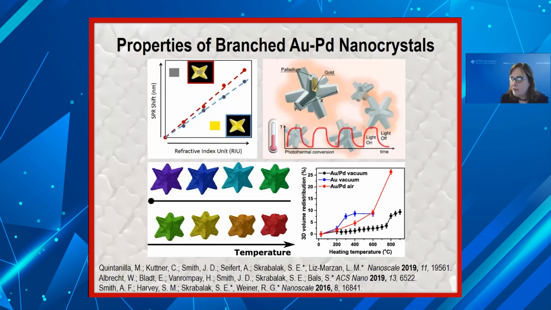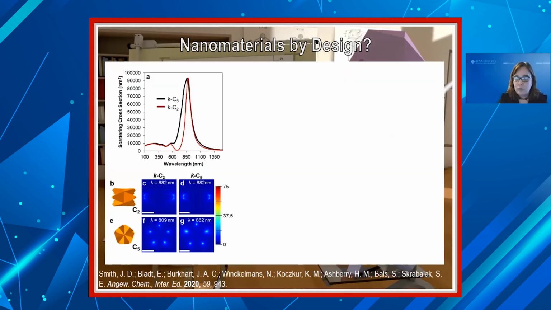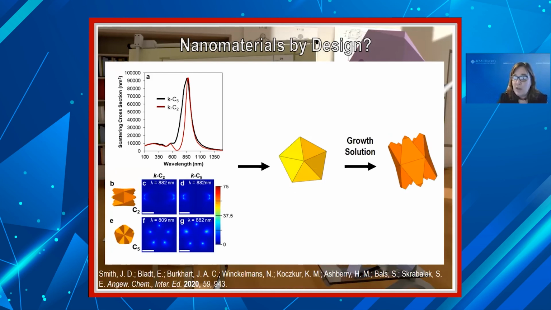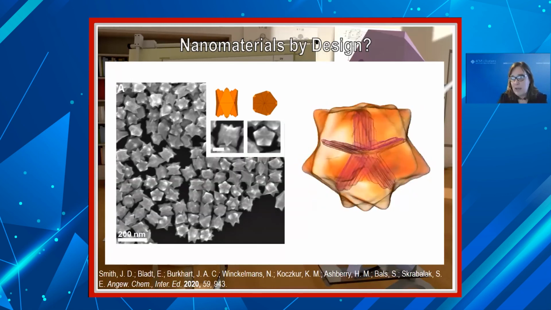So with that, I'll come back to really the big picture, which is this idea of achieving nanomaterials by design. I think with our synthetic tools, we're getting closer to realizing this vision where you could imagine using, for example, some sort of computational tool to predict the optical properties of a nanocrystal, and then selecting seeds of an appropriate shape or symmetry and the appropriate deposition kinetics to build off of them to make a specific type of nanostructure that you might be interested in studying, and then going and making it directly and intentionally.